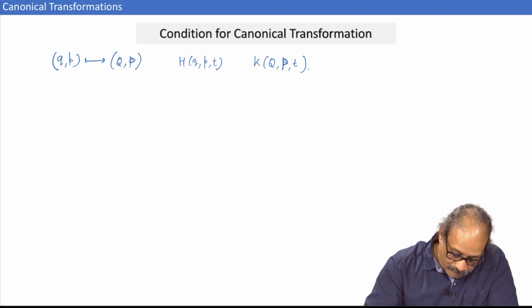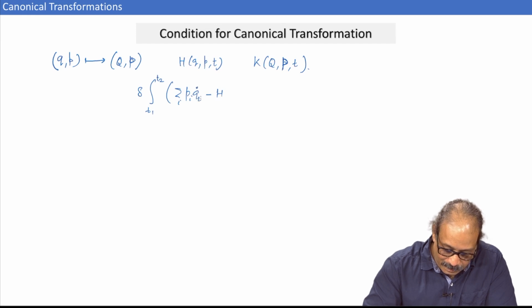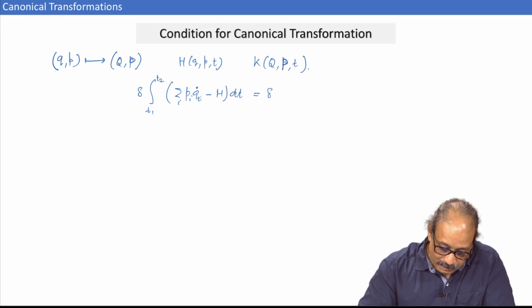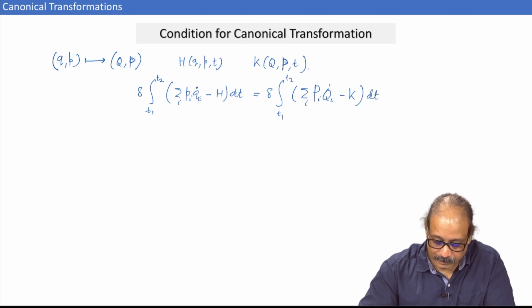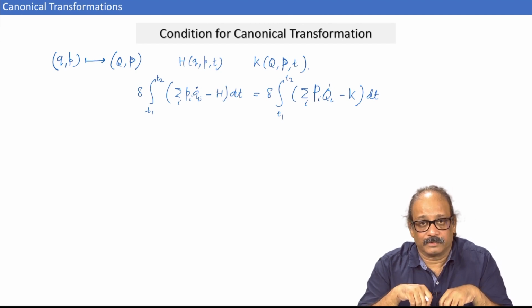That means what we are looking for is this: the variation of the integral from T1 to T2 of sum over I p I q I dot minus H dt must be equal to the same variation in the new variables, sum over I capital P I Q I dot minus capital K dt. So, if this happens, then you get the same equations of motion.